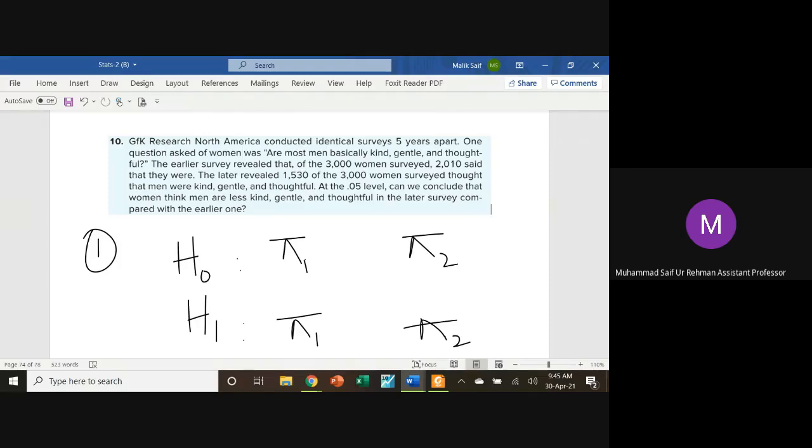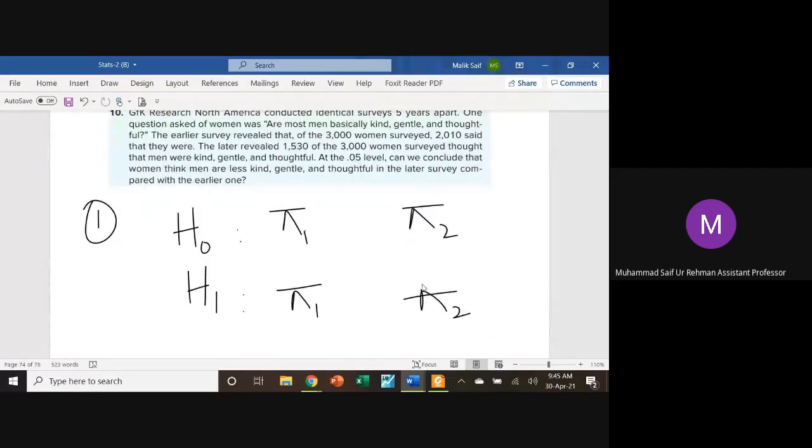Okay. So can we conclude that women think men are less kind, gentle, and thoughtful in the later survey? The later survey was this pi 2, and in this survey, less. So which sign should be here?